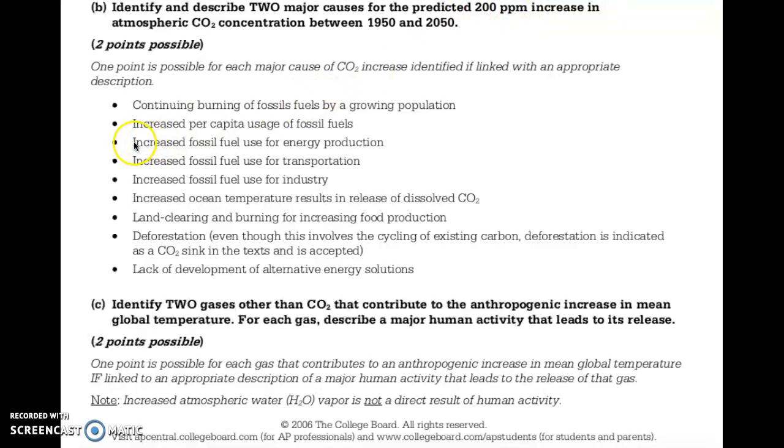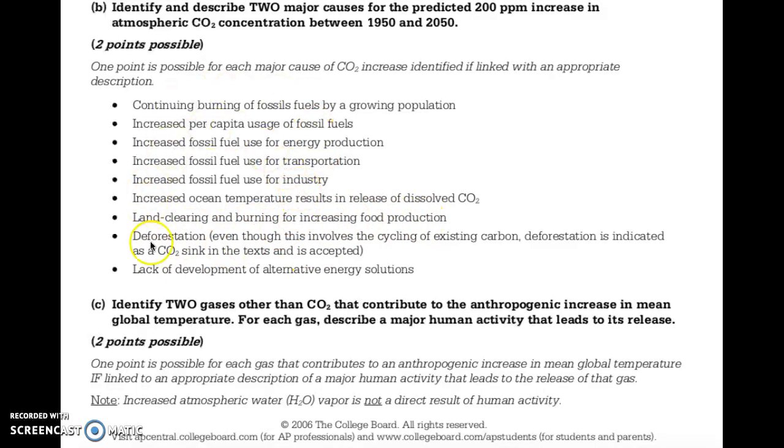Or as we become more technologically advanced, we use more and more energy, so we are using more fossil fuels to produce energy. Because our population is growing, we are constantly clearing land, which is removing trees that would absorb carbon dioxide, to increase our food production.